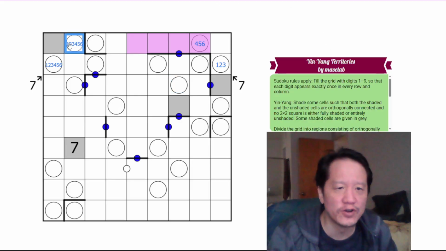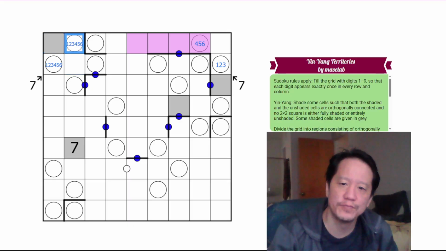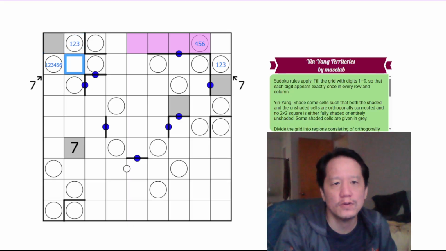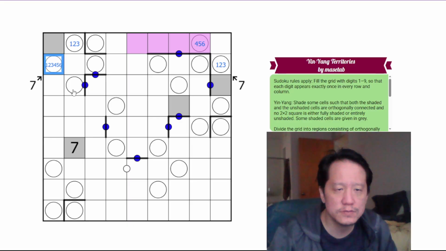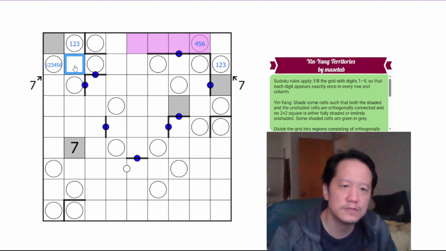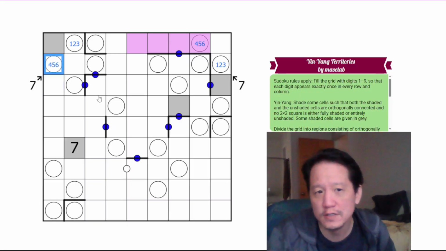This can be 3 at most also. So this could be 1, which means that's 6. This could be 2 or 3, but that's it. So this cannot be 1, 2, or 3. It's 4, 5, or 6.